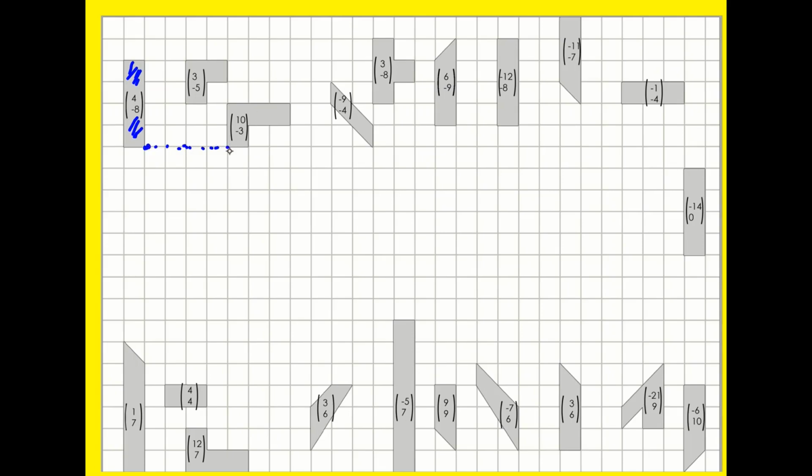And I'm moving down by minus 8. So 1, 2, 3, 4, 5, 6, 7, 8, and it moves here. I could now do all the other ones. And to be honest, it might be a good idea to do one more, just in case you've made a mistake.